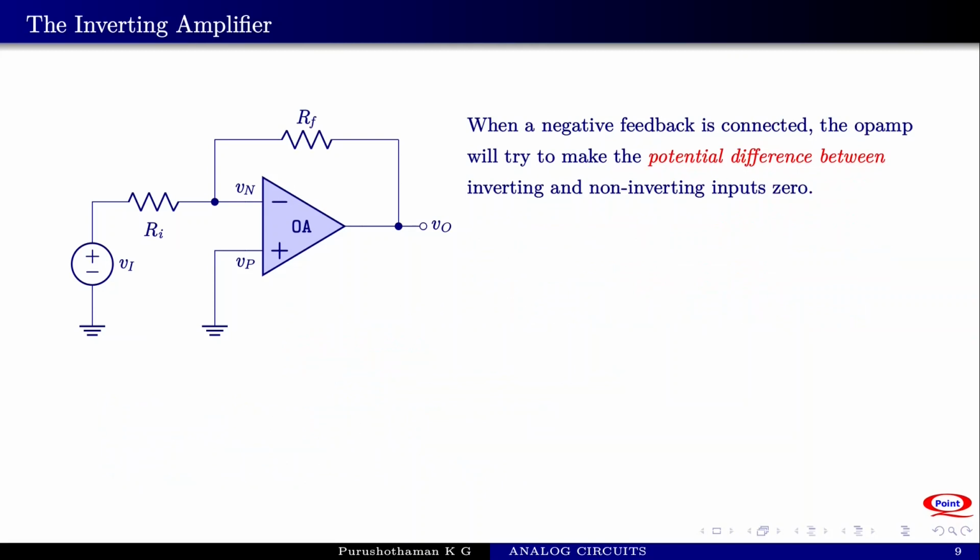So when a negative feedback is connected, we have seen from the previous slides that since the gain is infinitely high, Vd must be 0. Vp minus Vn must be 0. So when a negative feedback is connected, the operational amplifier will try to make the potential difference between inverting and non-inverting inputs 0. How will it do it?